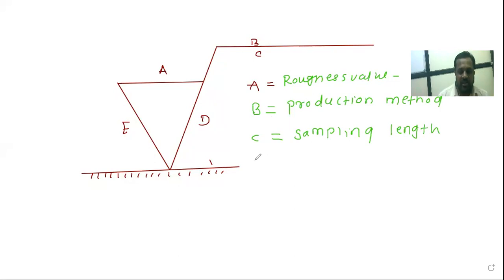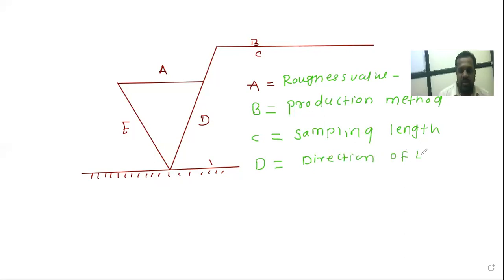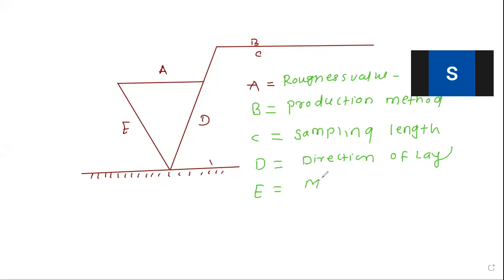Then D indicates the direction of lay, and E indicates the machining allowance.